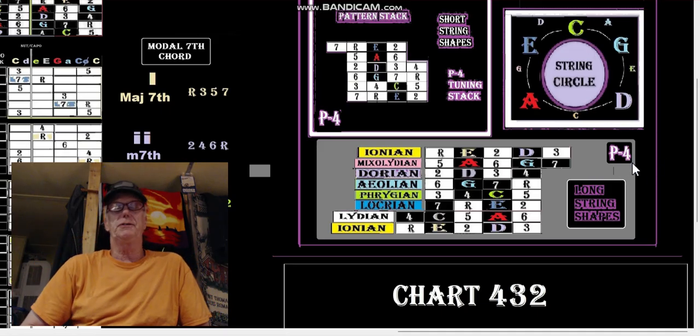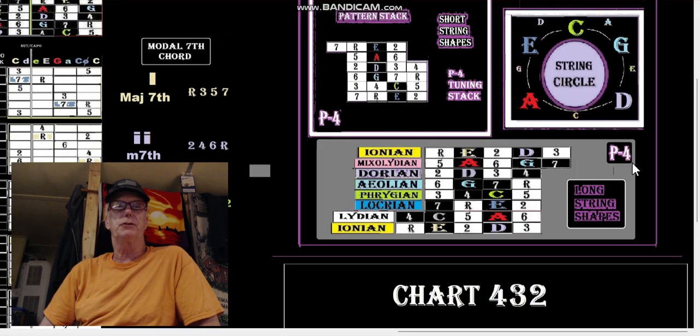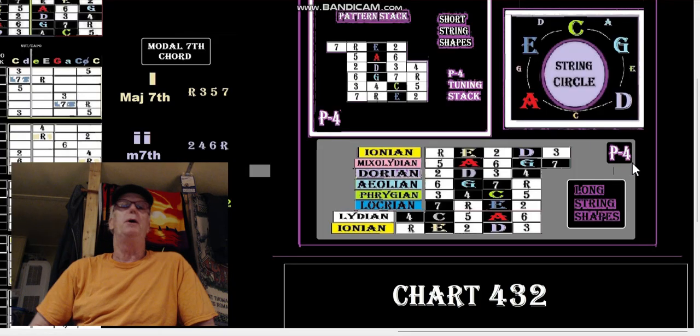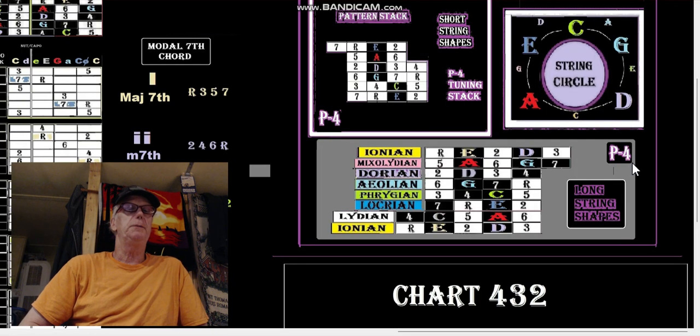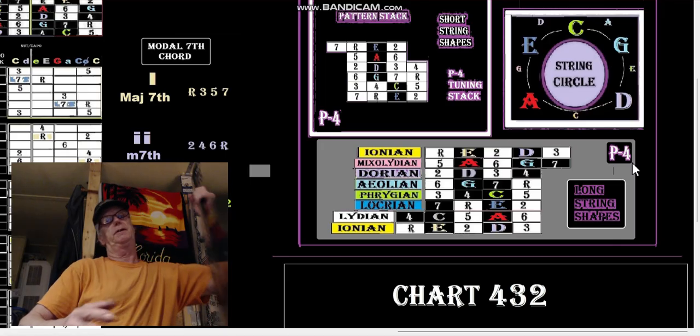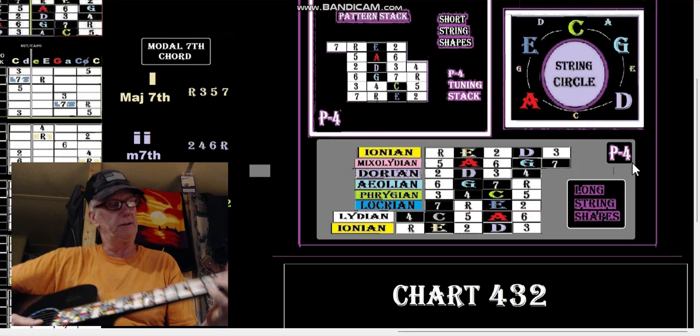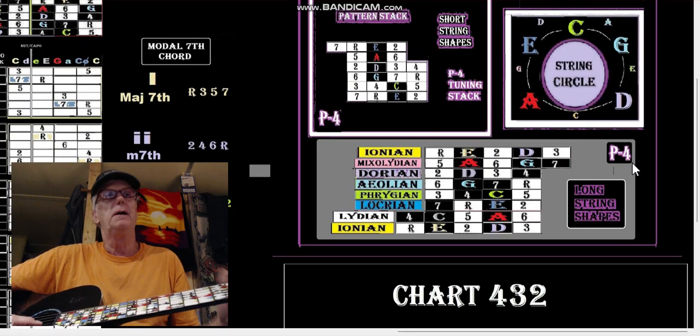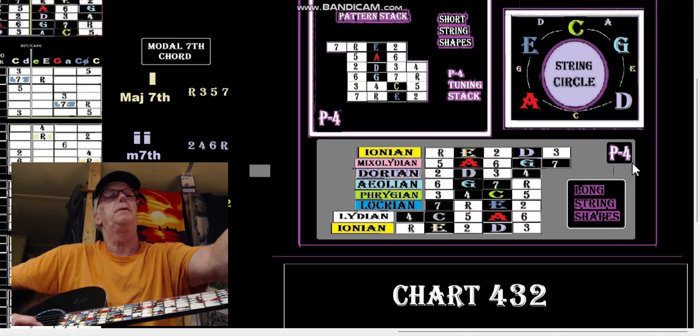P4 tuning is like the bottom 4 strings of your guitar and the top 2, but not the tuning in between the 4th string from the bottom and the 2nd string from the top. That is a tuning third.